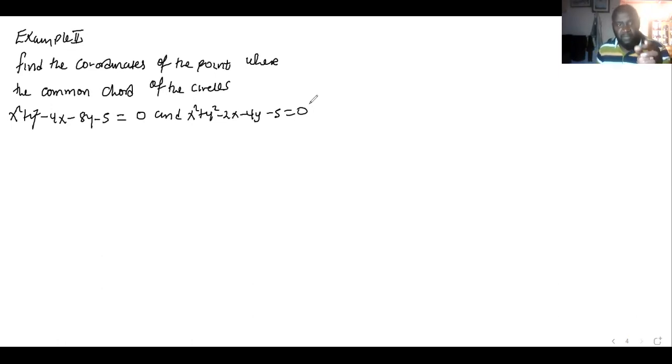If the equations do not have the same coefficients at their highest degrees, make sure that the other has the same highest degree. Some people might worry and say, but teacher, how do you eliminate when the values of x squared and y squared in the equations are different? You make them the same. Elimination method, right?